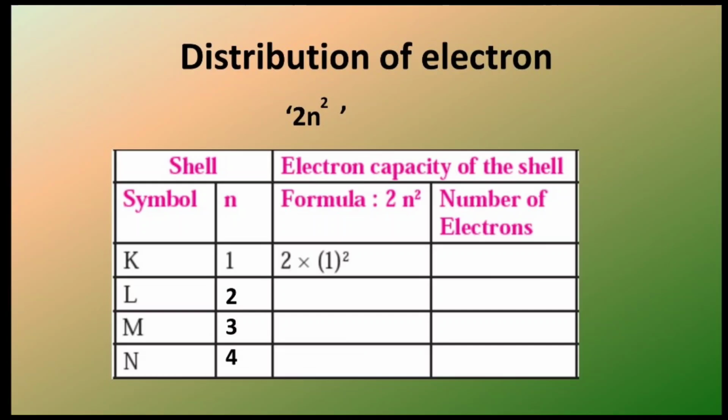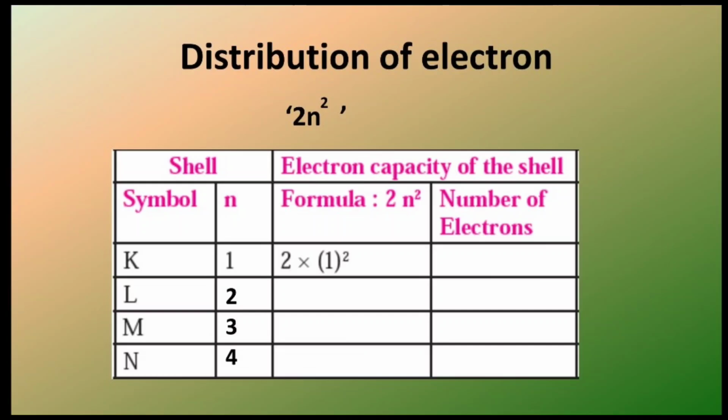Always remember, as per Bohr's atomic model, the electrons revolve in stable shells, and those shells have a definite energy. So the shell which is nearest to the nucleus is called the first shell, and the next shell is called the second shell.